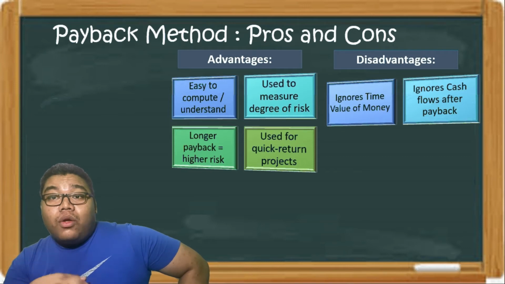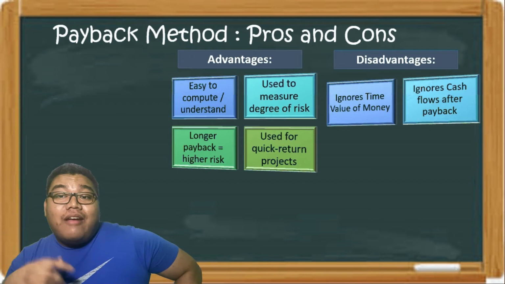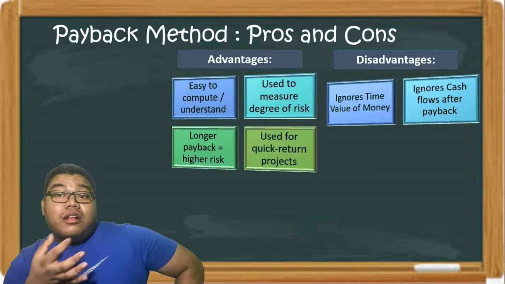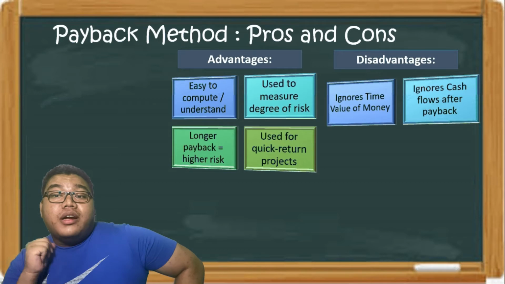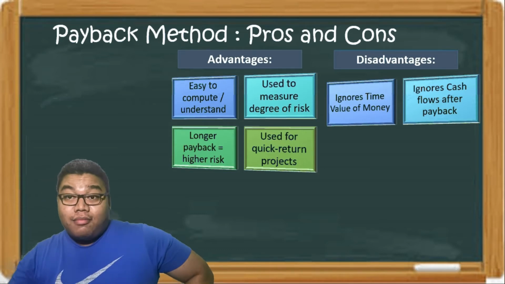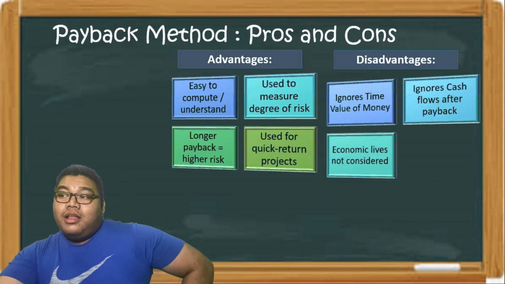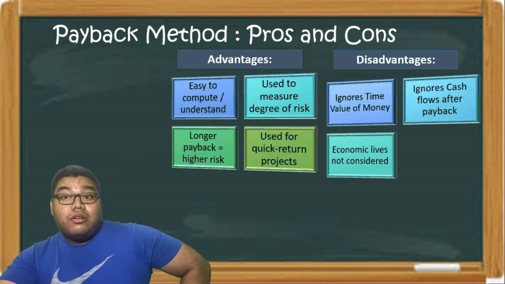Now, what would happen to the cash flows after the payback period? You would not consider them anymore because you are only concerned with how fast you would recover the investment. That is the primary concern of the payback method. Now, economic lives are also not considered.